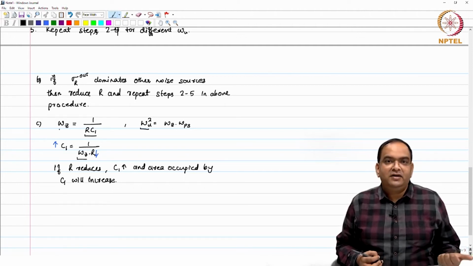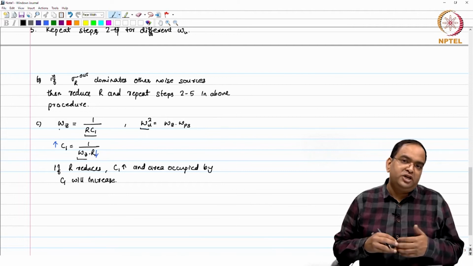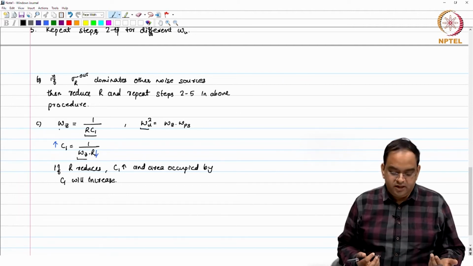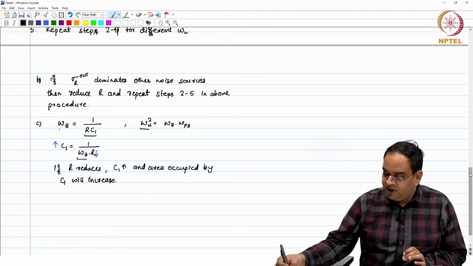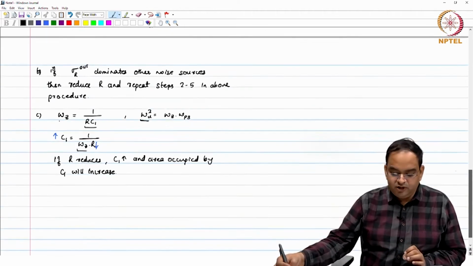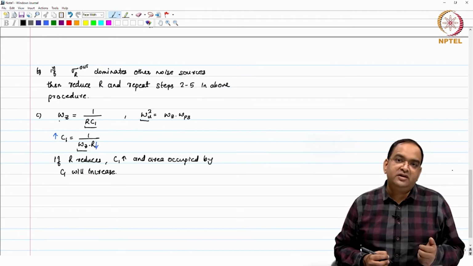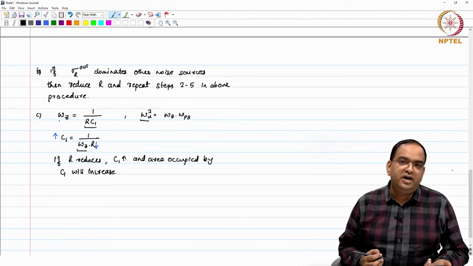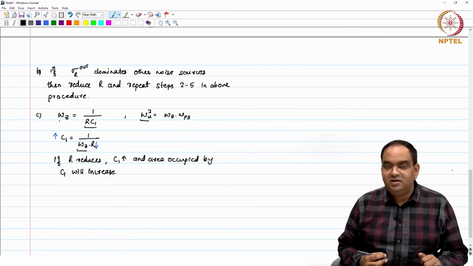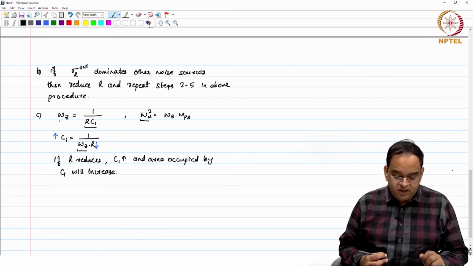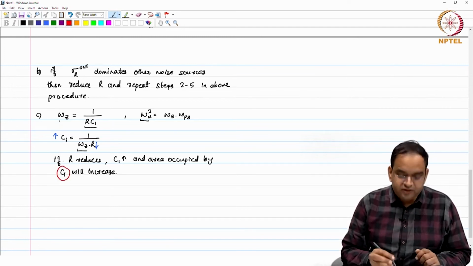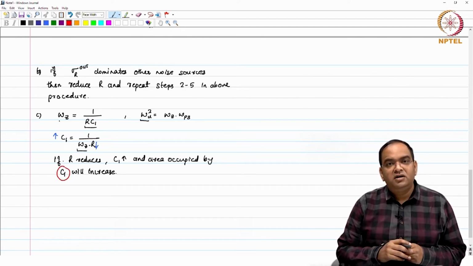An IC is like real estate: you keep on increasing the area, your cost will keep on increasing. So there is a limit; we cannot always start with a lower value of resistor to make its noise non-dominant, or not noticeable. There is a limit because of the area we can afford for C1.